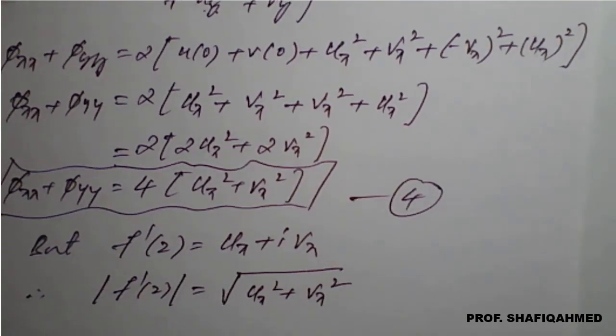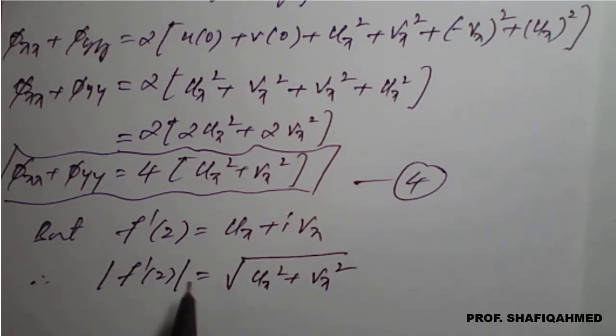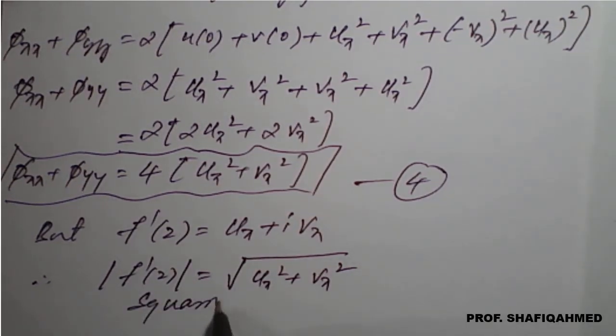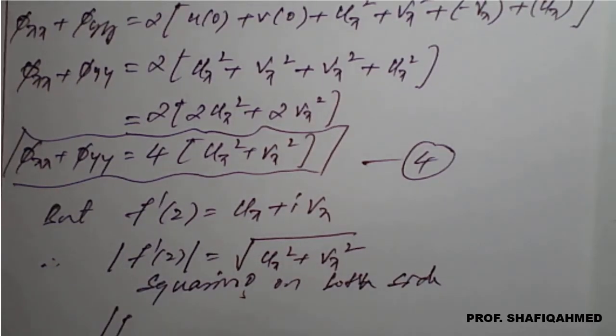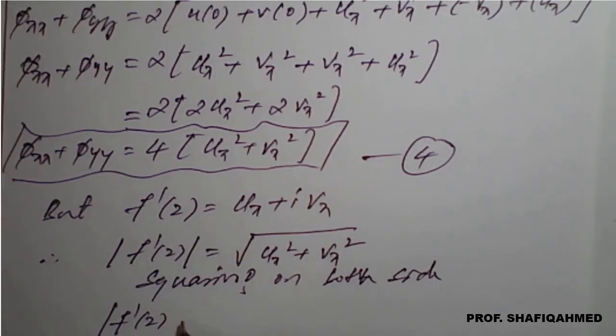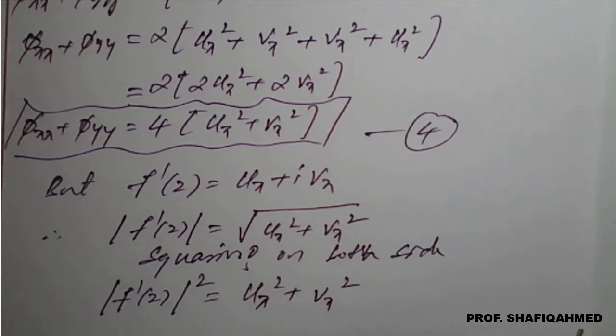But I don't want this square root, so squaring on both sides, we get mod of f dash of z whole square is equal to ux square plus vx square.